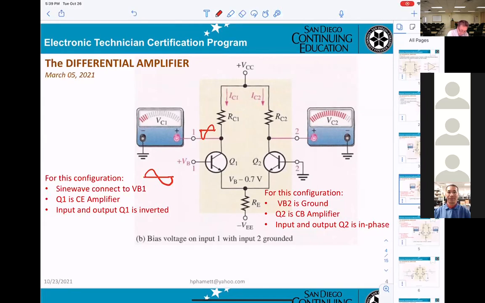And now what can you tell me? What signal is here? What signal at VE?